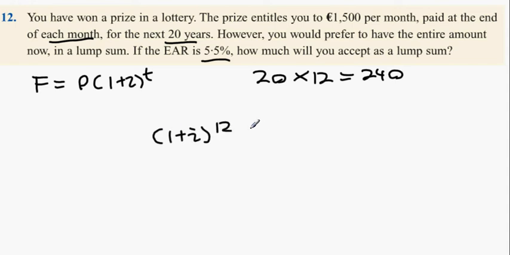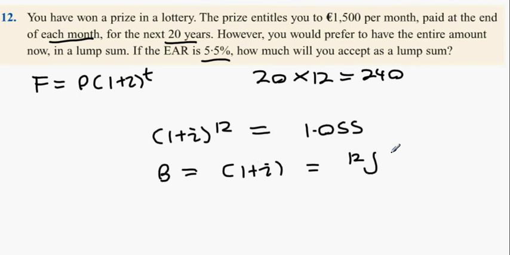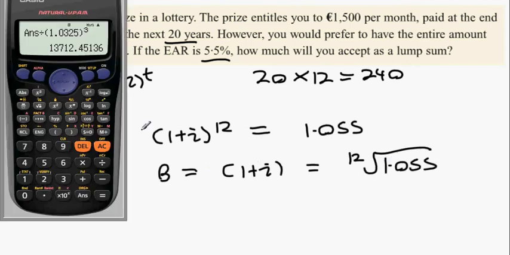So (1 plus i) to the power 12 equals 1.055. Our b value is going to be 1 plus i, and that's going to be equal to the 12th root of 1.055. The 12th root of 1.055 is b. That's going to be our b value.